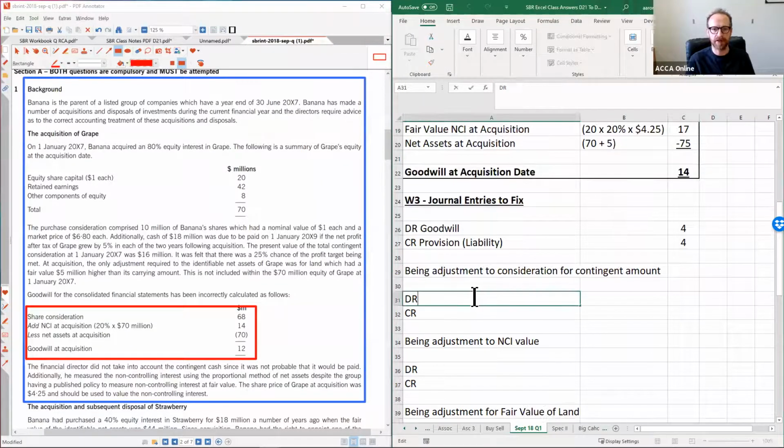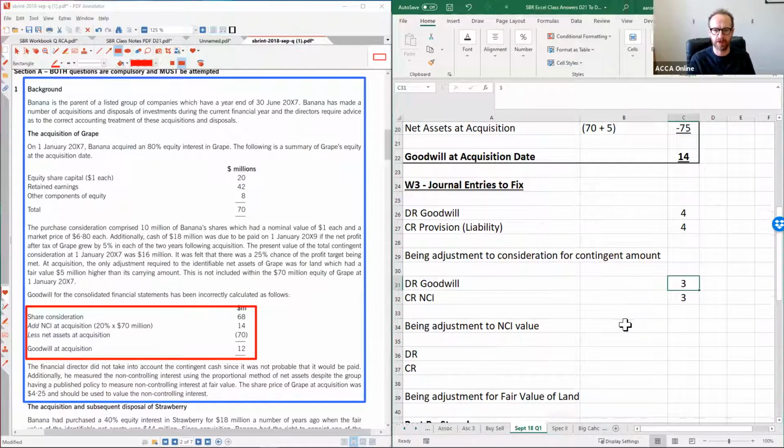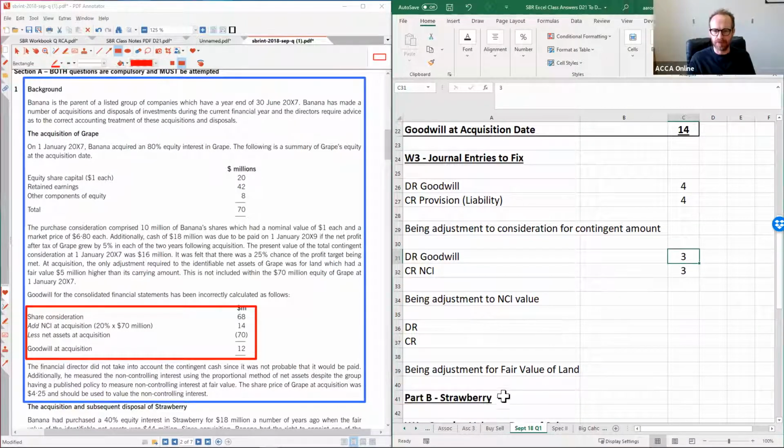So we're debiting goodwill. It's creating more NCI. Well, we've seen a bit of this today when we did our transactions buying and selling. So we're crediting the NCI to increase it. So that is 3 of a difference, and that is going to increase the NCI. Okay, so I don't think that one was particularly difficult. That was the adjustment to the NCI.